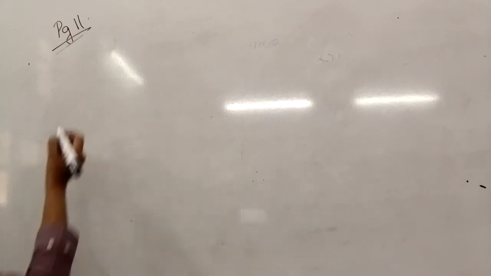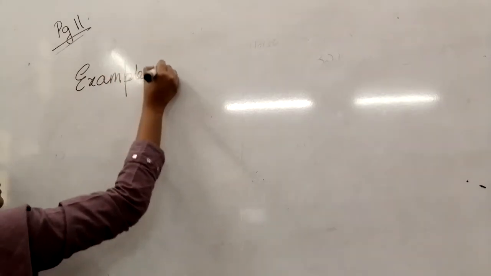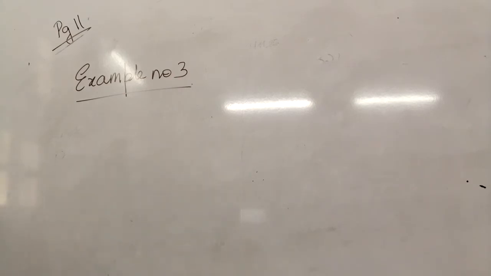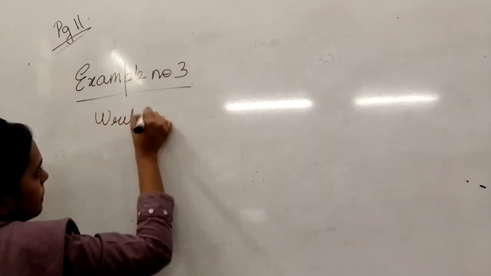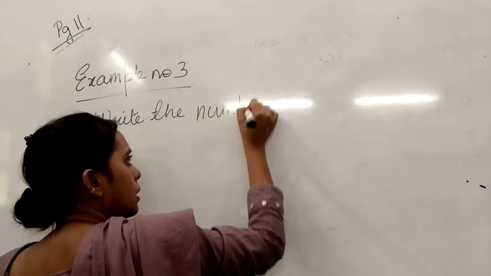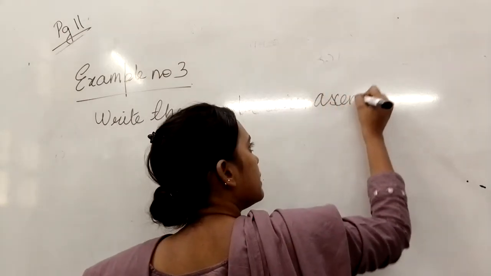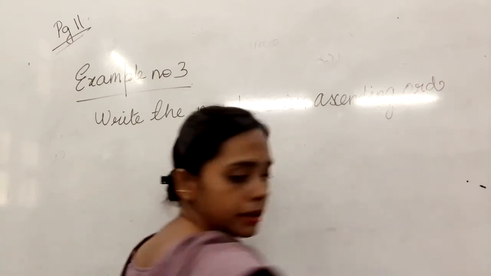Now, example number 3. Here what you have to do is write the numbers in ascending and descending order.